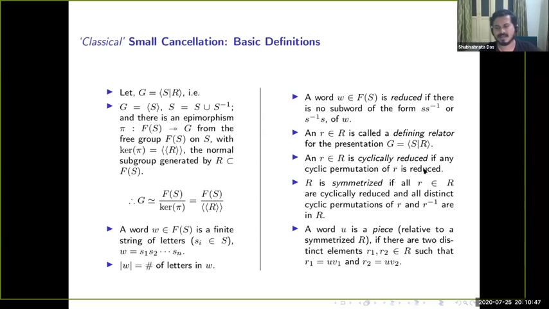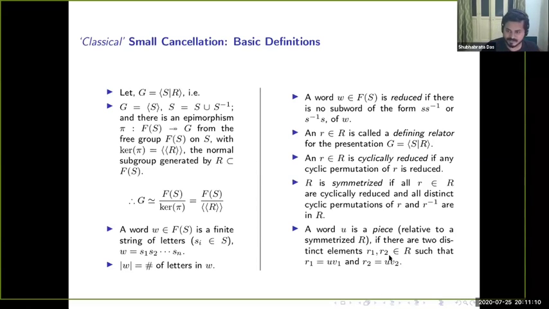A relator is cyclically reduced if, when you apply a cyclic permutation on this relator, you still do not have any such subwords. R is symmetrized if all elements are cyclically reduced, and it contains all the cyclic permutations of all relators and their inverses, and so on.